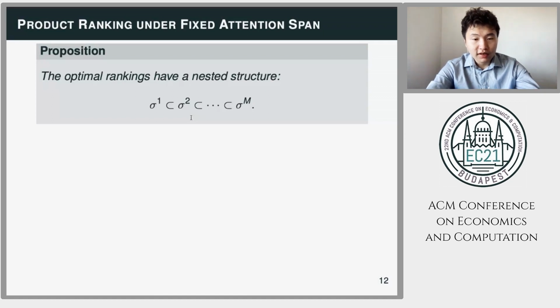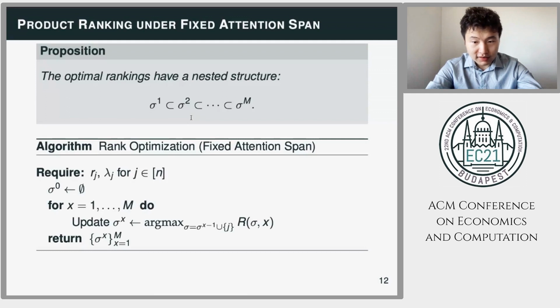In particular, the products within the optimal ranking under attention span k are contained in the optimal ranking under attention span k plus 1. Using this nested structure, the optimal ranking under fixed attention spans could be easily solved by dynamic programming. We present a rank optimization algorithm to efficiently solve the optimal rankings for each different fixed attention span.